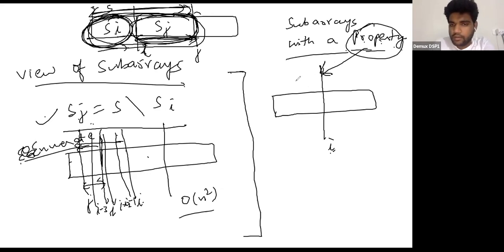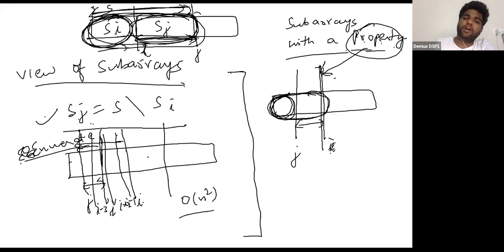So if you want to check whether this subarray satisfies this property, you actually check whether this subarray minus this subarray satisfies this property or not. So this subarray you know, right? Because you are at a particular i. And for this subarray, whether it satisfies this property or not, you can actually store it.